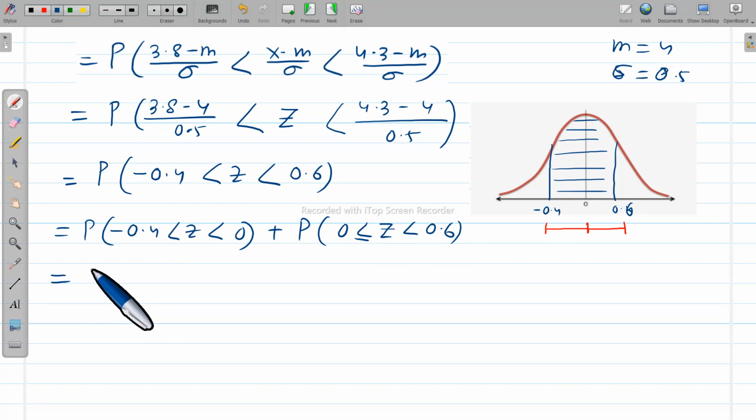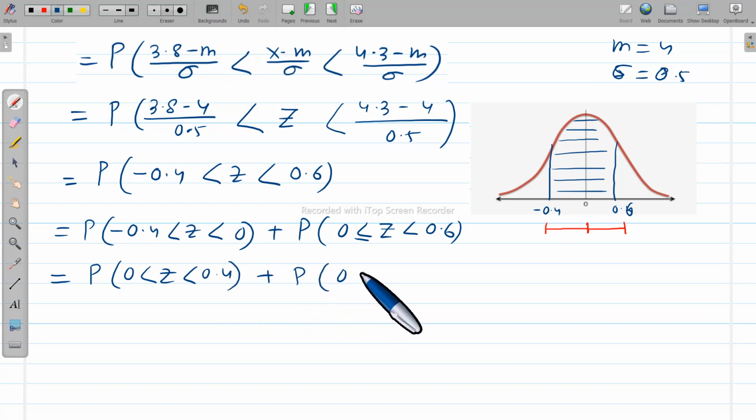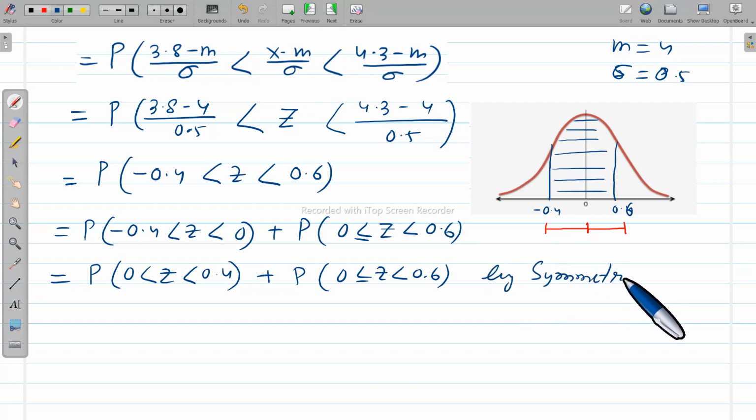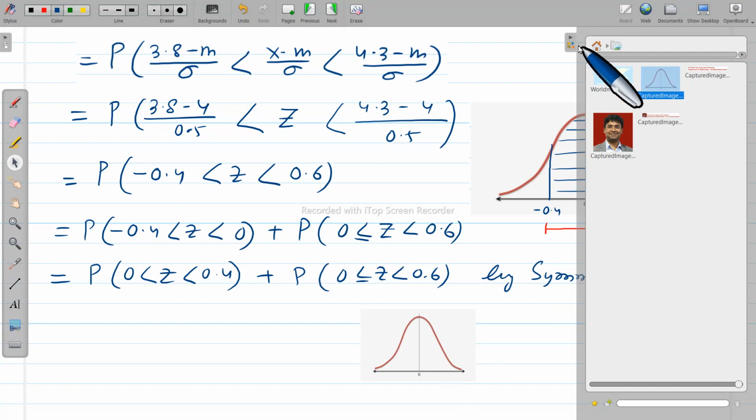Now you may write probability 0 less than z less than 0.4, plus 0 less than or equal to z less than 0.6. How is it possible? It is possible only by symmetry. Clear? If I draw the figure, then you can understand clearly.